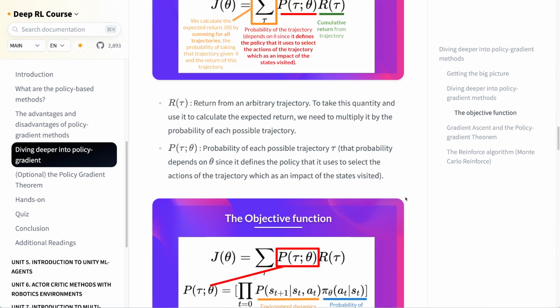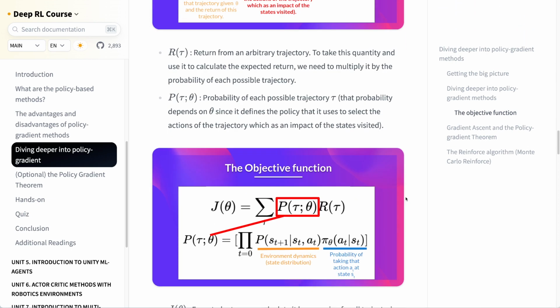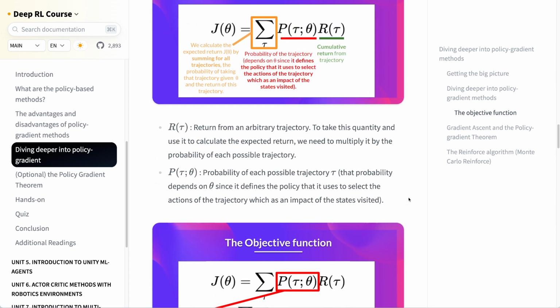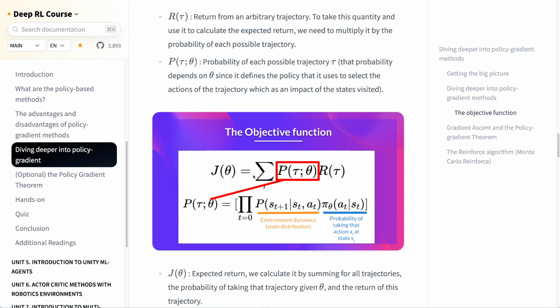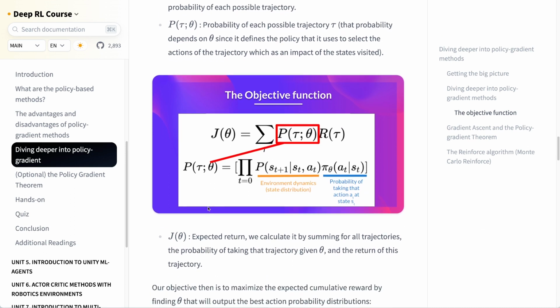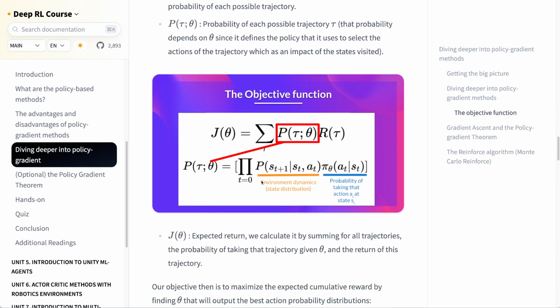Alright, so here's this objective function, and here's the objective function spelled out a little bit more with this probability value expanded. So here, this P is made up of these environment dynamics, the state distributions, times the probability of taking that action A at state t.